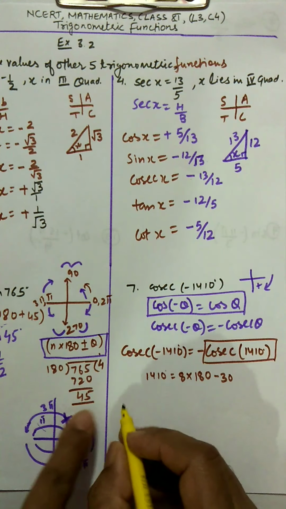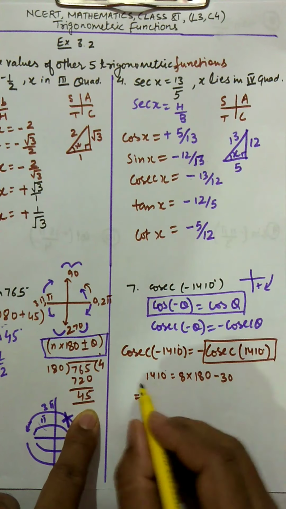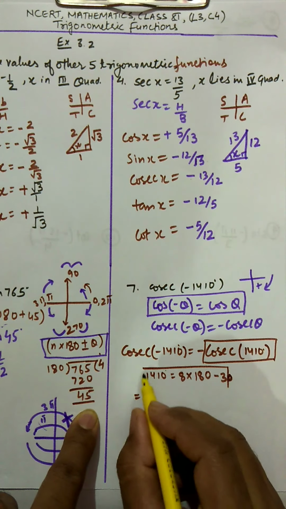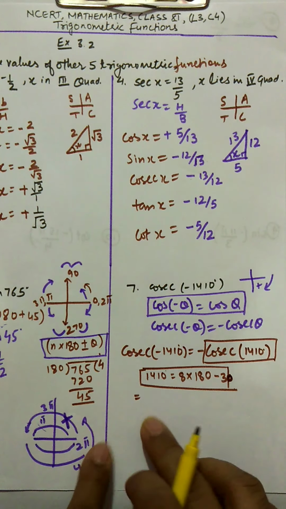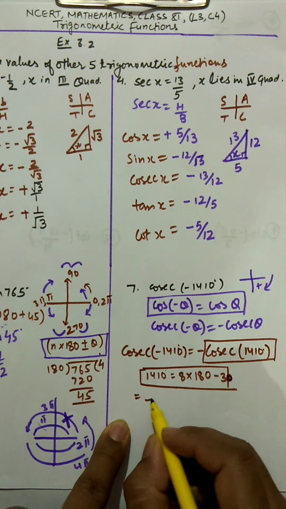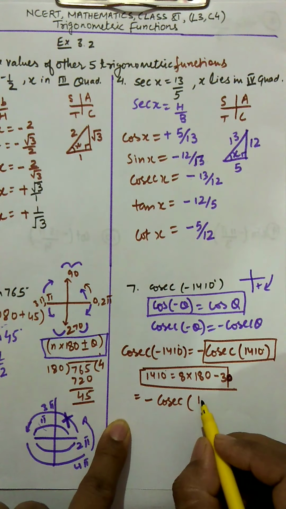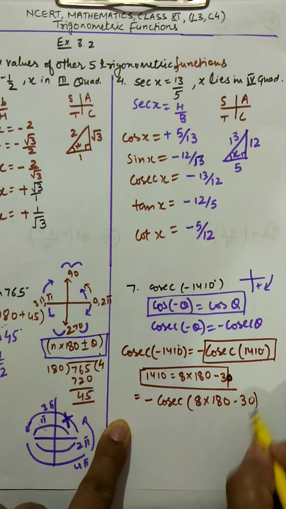Now finally we will write, this is 30. So now you can see minus cosec, you can write that as 148 into 180 minus 30.